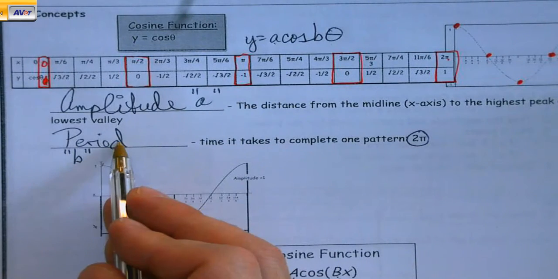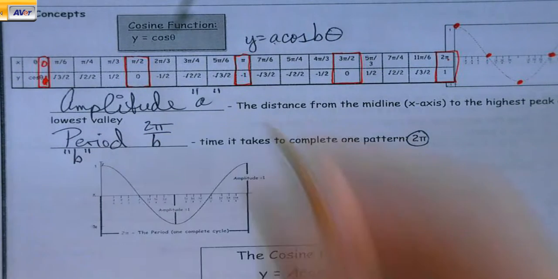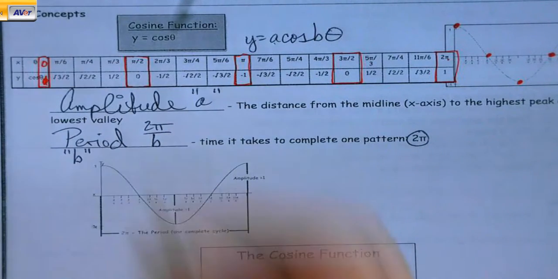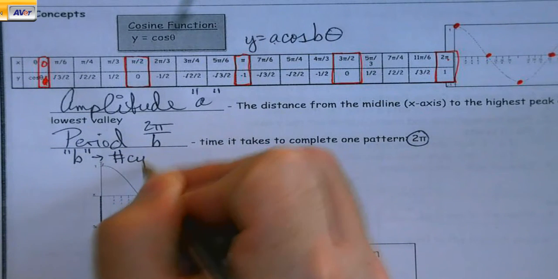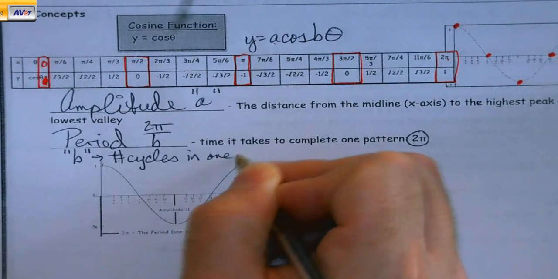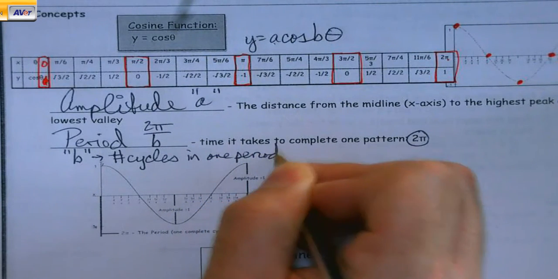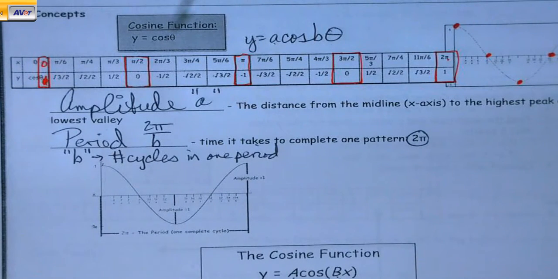Now, my B value is not my period. My period is 2 pi divided by B, with B being the number of cycles that happen in one period, that happen in 2 pi. Hence the 2 pi divided by B.